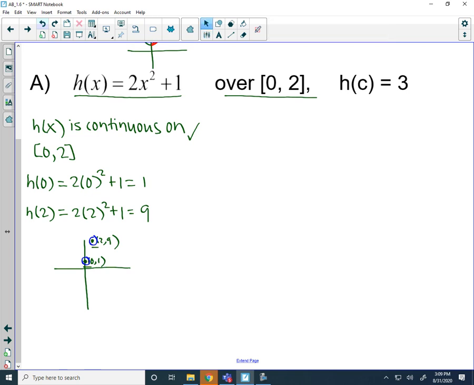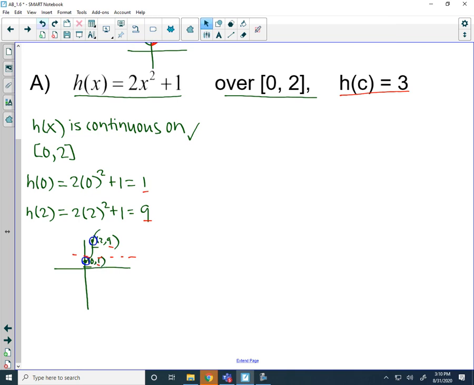Well, we're trying to figure out if h of c equals 3 is a point on the graph. So consider where y equals 3 is. Y equals 3 is somewhere between y equals 1 and y equals 9. So if I have to connect these two dots, wouldn't I have to have passed a y value of 3? In other words, 3 is between this 1 and this 9.